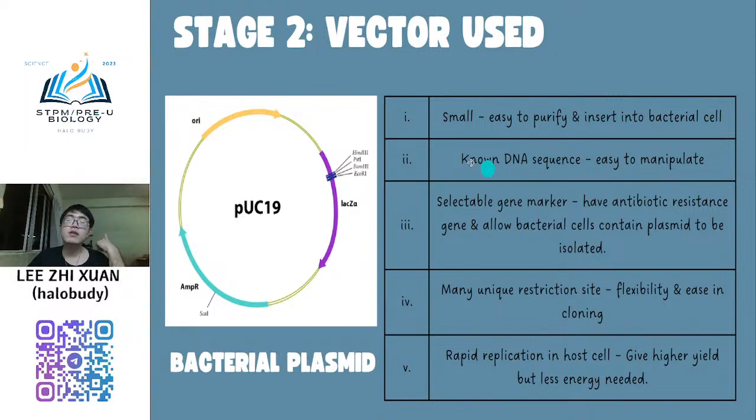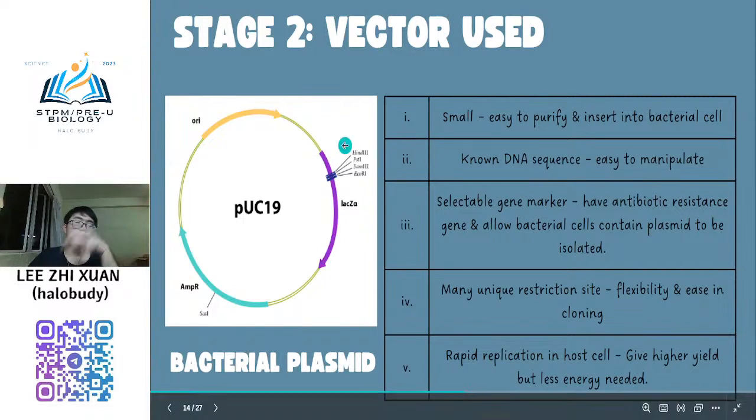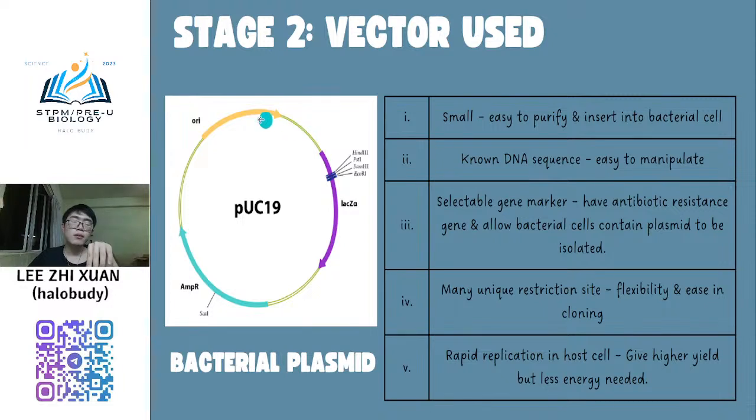Another reason is the DNA sequence. Because the plasmid is very small, it is very easy to know the sequence of the plasmid. For many plasmids, scientists already know the total DNA sequence, so it is very easy to manipulate.